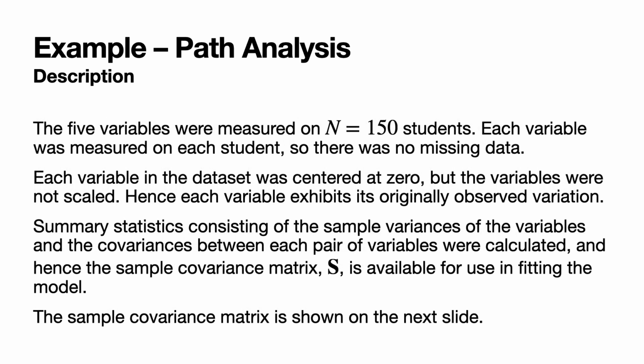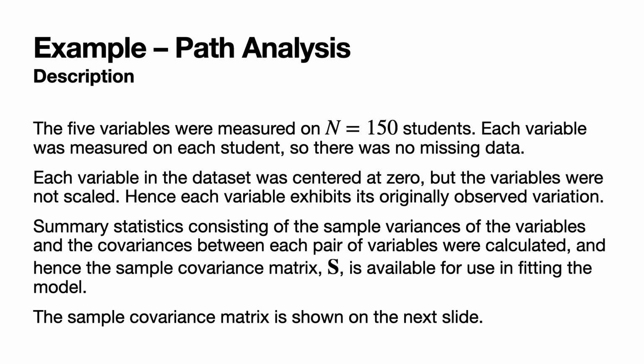The 5 variables were measured on 150 students. Each variable was measured on each student, so there was no missing data. Each variable in the dataset was centered at 0, but the variables were not scaled. Hence, each variable exhibits its original observed variation.